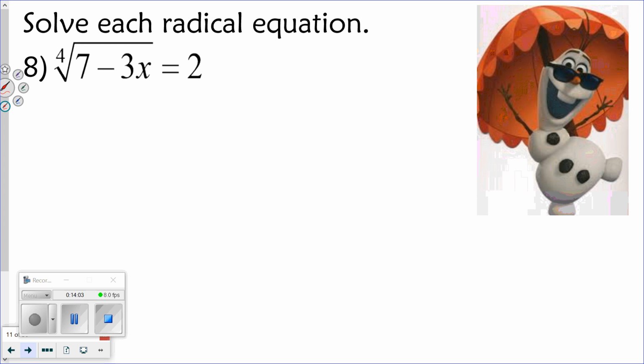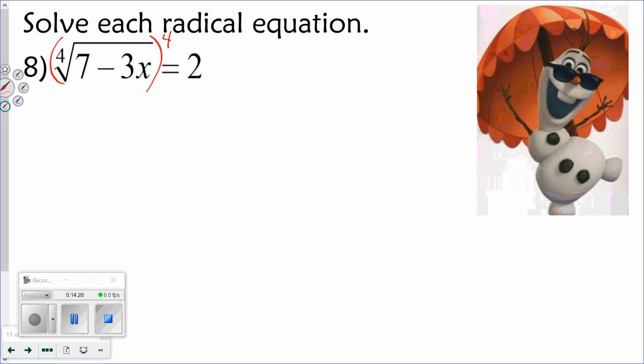You good? All right. Why is this one different? It's not in simplest form. It's not in the correct order, you're right. But at this point, I'm not really worried too much about that. I need to get rid of this radical. How do I get rid of this radical? To the 4th power.